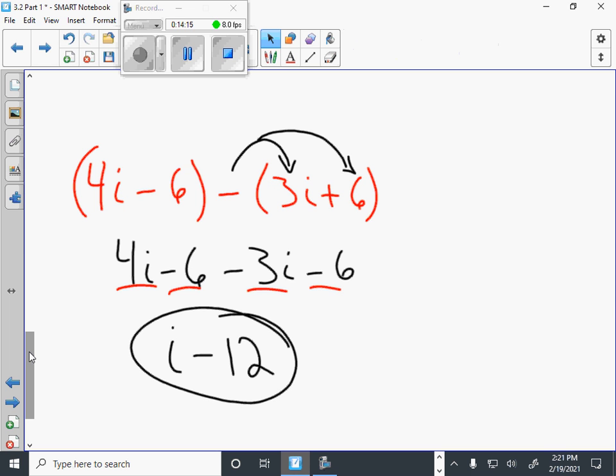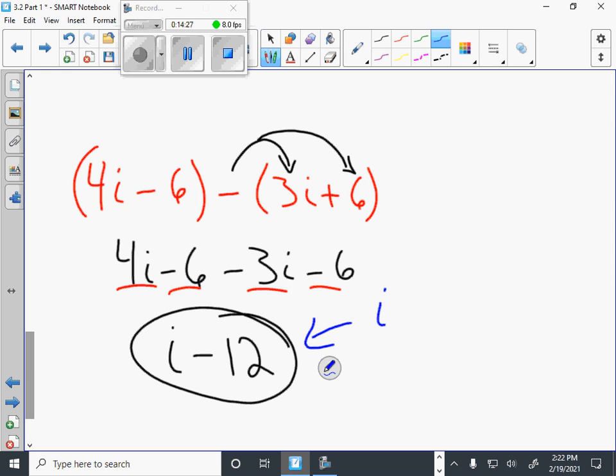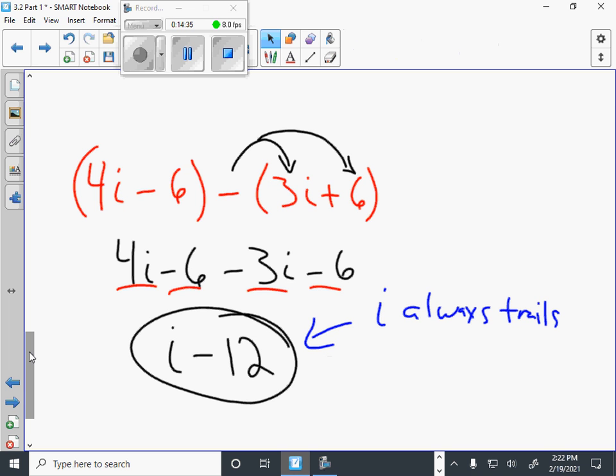Oh shoot! Got to write it in standard form, right? Standard form has the i always trailing. We always write our whole number first and then i.